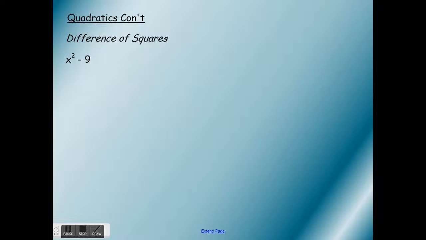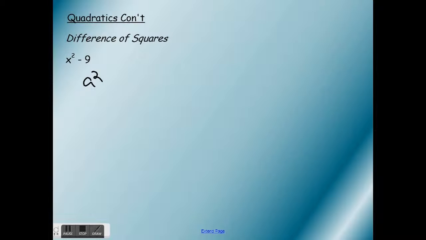You take this term here as your a squared term, right? So in this case, if a squared is equal to 9, what is a? 3. So 3 is what's going to go into your brackets, because 3 times 3 equals 9, because the square root of 9 is 3.